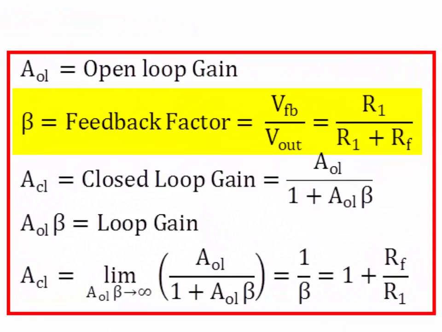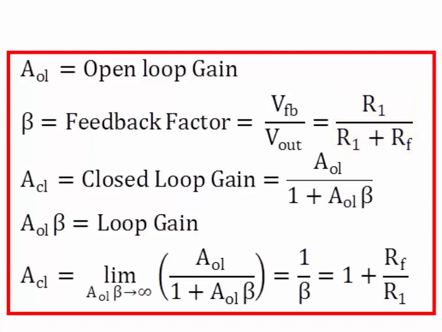Beta is a measure of how much of the output voltage, Vout, is fed back to the inverting terminal of the op-amp. In this circuit, we see that RF and R1 create a voltage divider. Therefore, beta is equal to R1 divided by R1 plus RF.